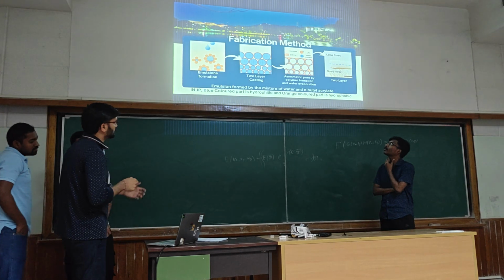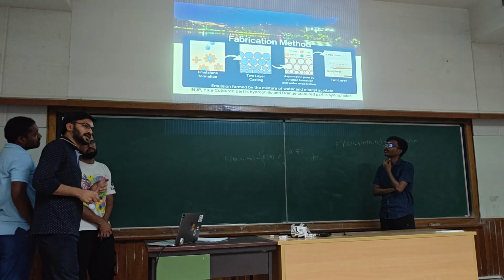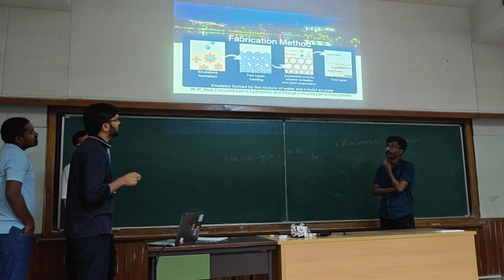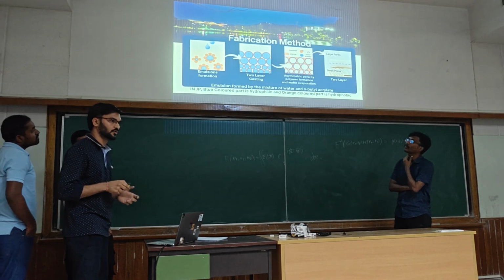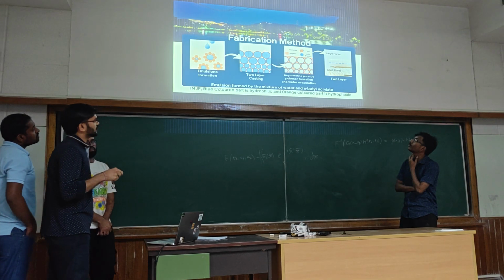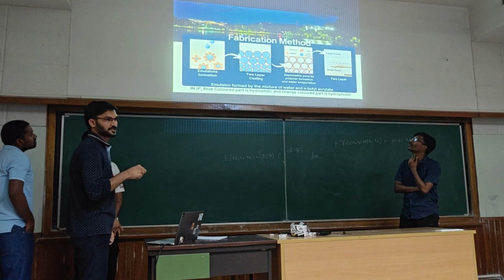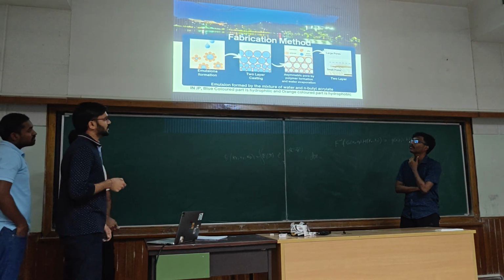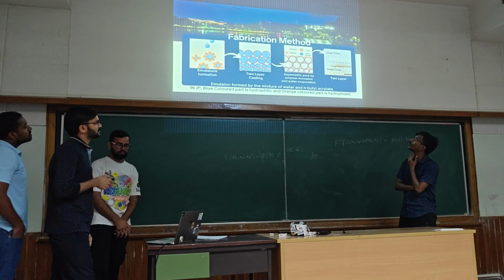After it solidifies, we take it out of the glass bottle and dry it in a convection oven until all the water is evaporated and we get a porous structure. So finally we get an asymmetric porous structure.